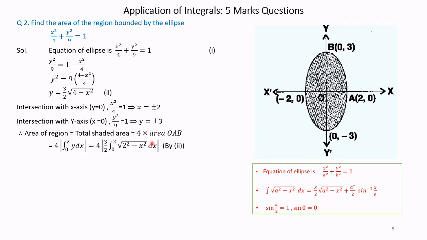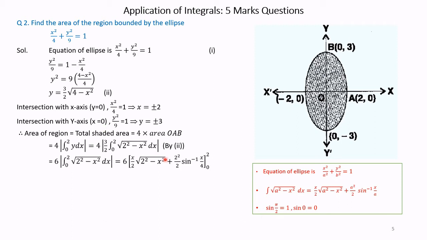So therefore, it is equal to 4 times integral 0 to 2. Limit you see here 0 to 2 along the x-axis is equal to 4 into mod of 3 by 2 into 2 square. That is, we are putting the value of y as 3 by 2 into square root of 4 minus x square. 4 is 2 square.